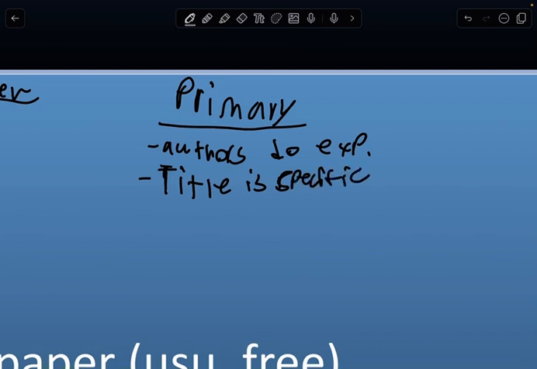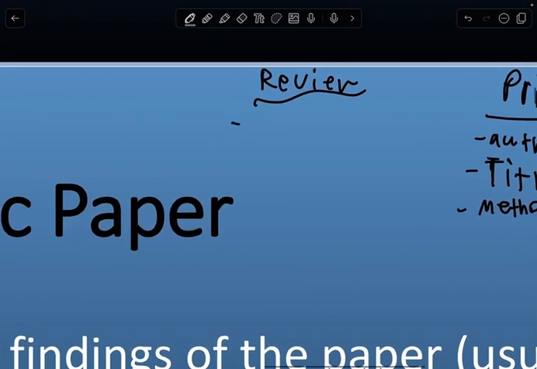Now, for a review, the authors did not do the experiment. So Silbergeld did not do all the experiments she's talking about here. It's a very general title, and it has no methods section.